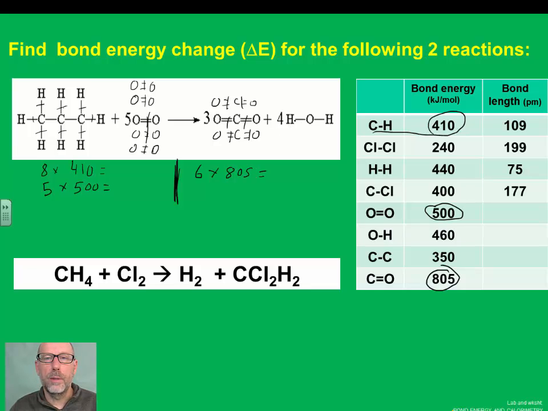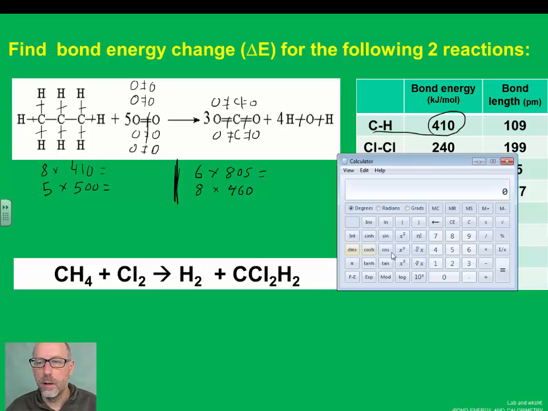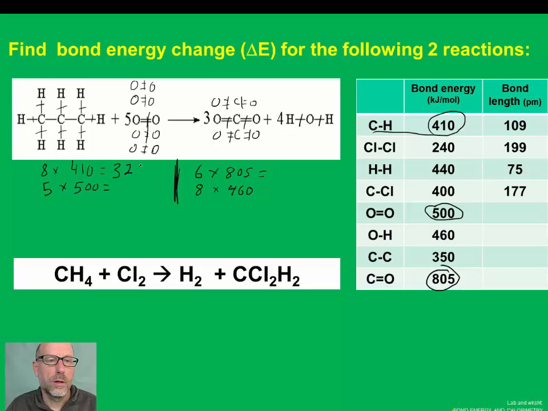And we're also going to build 4 water molecules. Now each water molecule has 2 O-H bonds, and we have 4 of them. I'm not going to draw them all right here. O-H bonds are worth 460. So 8 times 410 equals 3280. 5 times 500 is 2500.